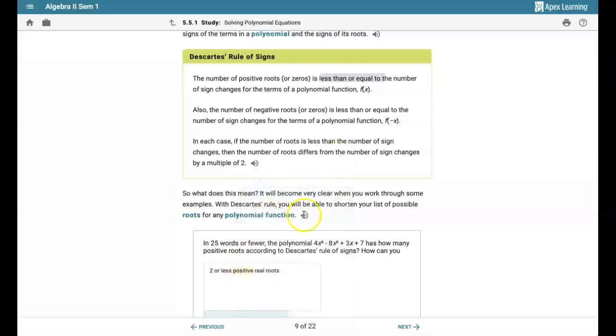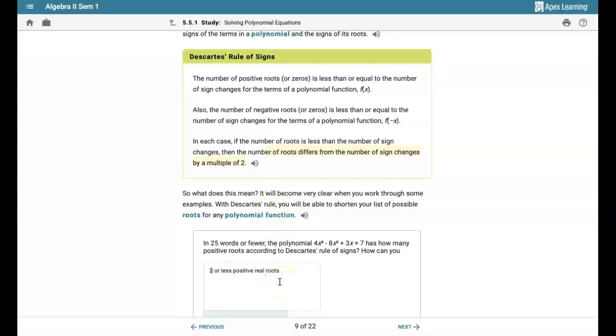And what this is saying is once we calculate our positive real roots, if I have less than what this is telling me, I should have 2. So if I have less than 2, then the number of roots has to differ by a multiple of 2. And the reason for that is the rule of complex conjugates, right?